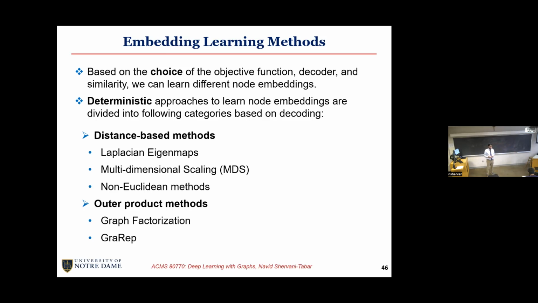For that, we're going to categorize this based off of the type of decoder that we're going to deal with. This decoder can be either distance-based, as we mentioned, or it can be based off of the outer product of two embedding matrices, which is just the inner product of two representation vectors for two nodes.